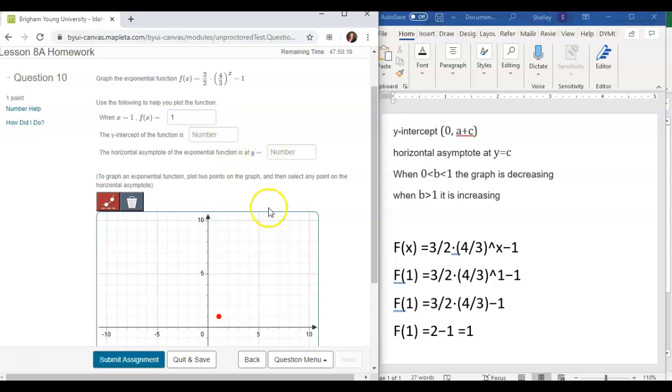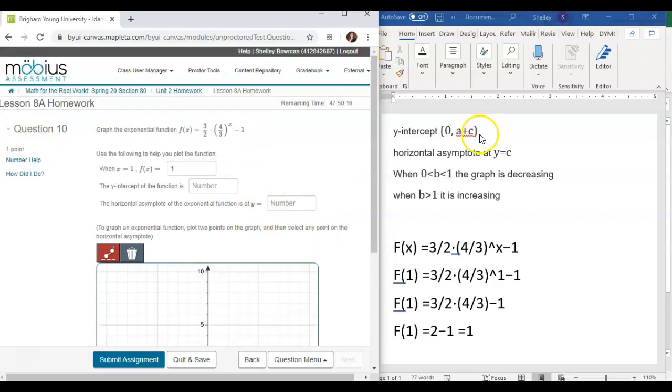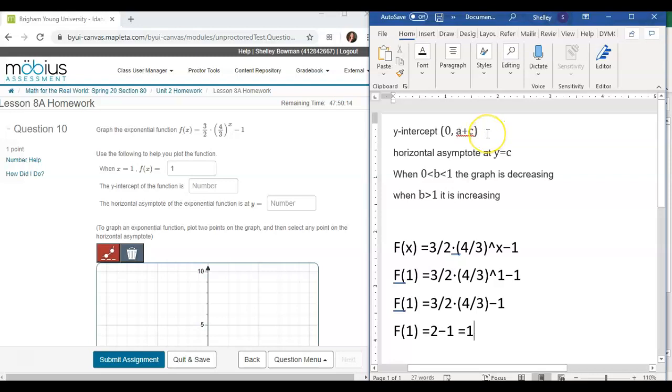The y-intercept of the function, like I said before, you can memorize a plus c, or you can just put in a 0 for x and solve. When I put a 0 in for x, anything raised to the 0 power is 1. So this whole thing becomes 1, and that's why we do a plus c. Because c in this case is negative, we're actually going to do 3/2 minus 1.